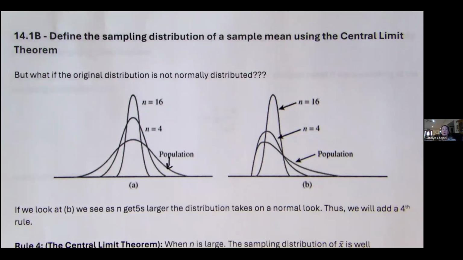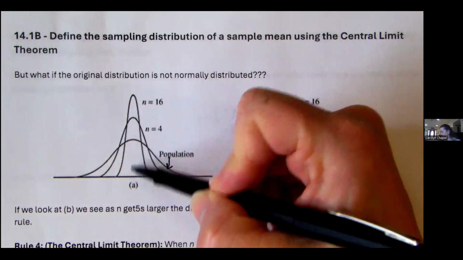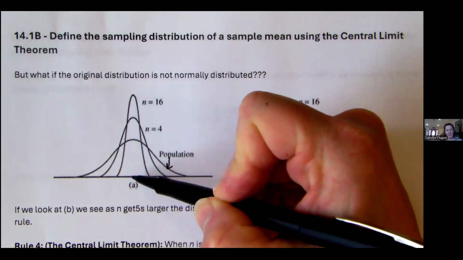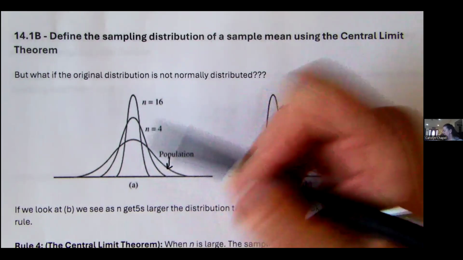And if you remember our discussions on what the curves look like, standard deviation getting smaller makes it steeper. Notice these are all centered around the same value because the mean of the averages is still the mean of the population.